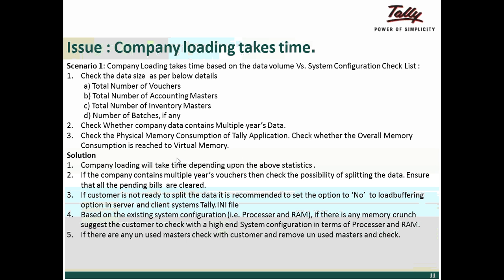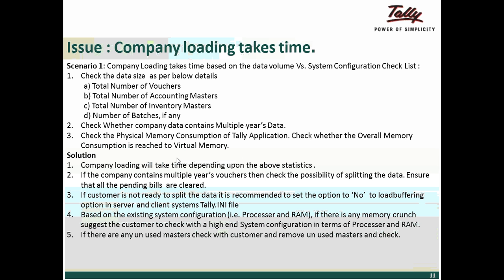The fifth and foremost solution would be, let us take an example. A customer has 50,000 stock items and 50,000 masters, wherein he will be using only 2,000 or 3,000, or let us take a higher number, 25,000 stock items.